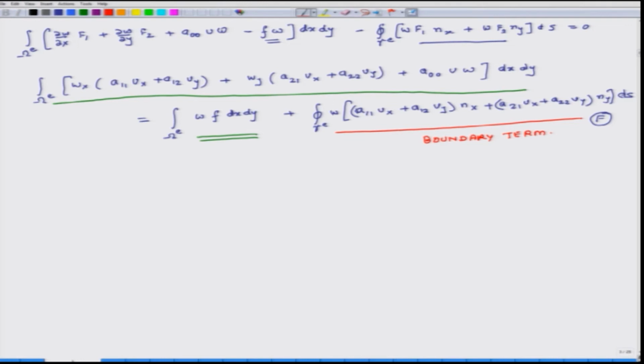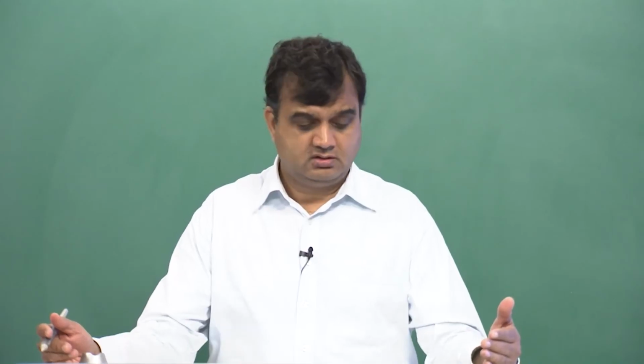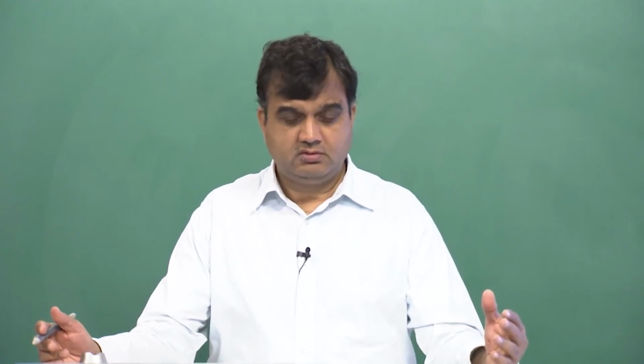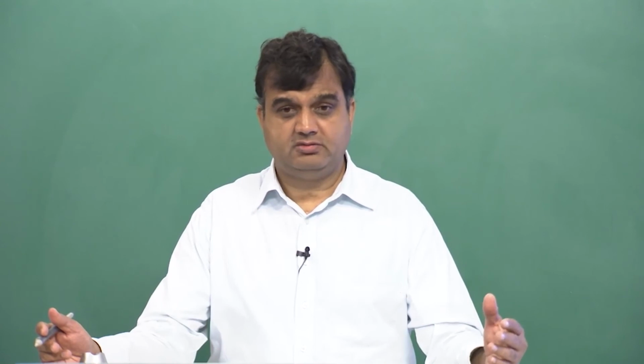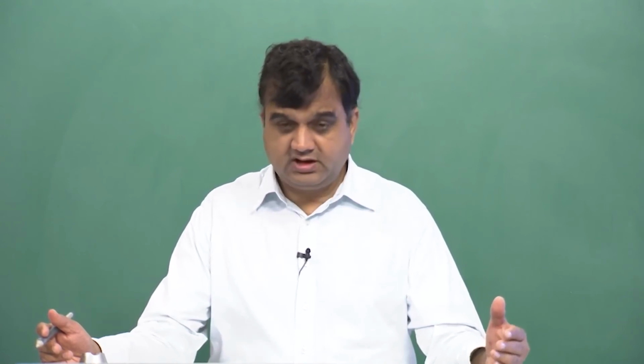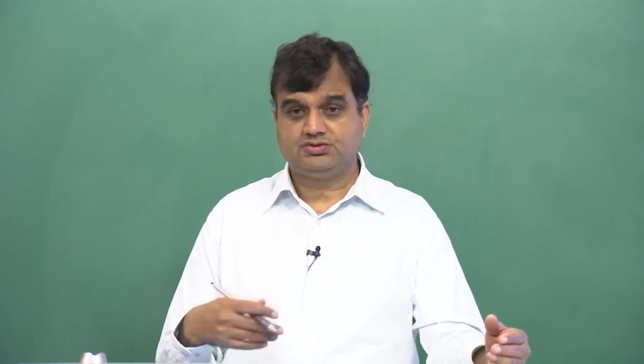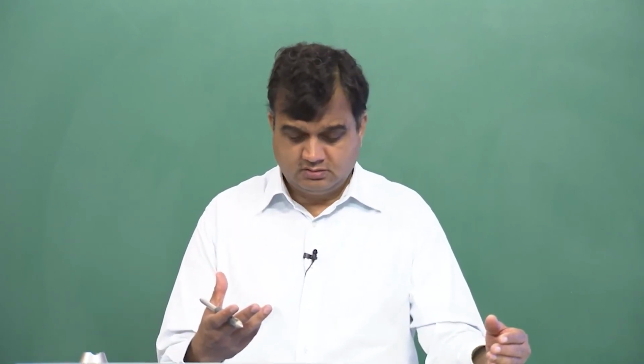So, again to draw comparison, in our 1D formulation, when we did a weak formulation, we weakened the differentiability of the primary variable, right. And in the process of weakening of differentiability, we used to get some boundary terms.